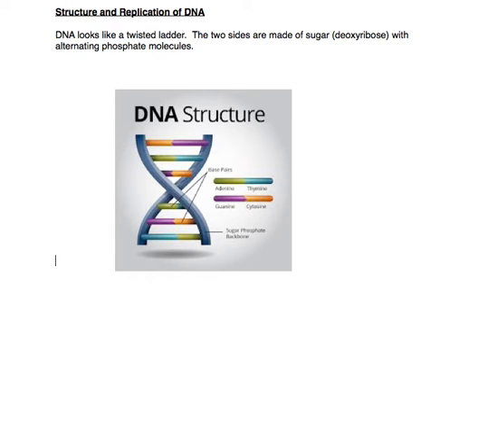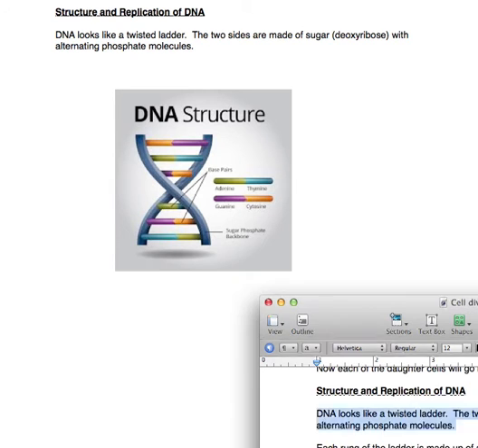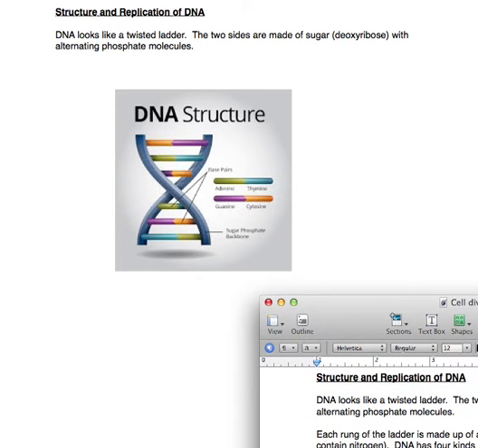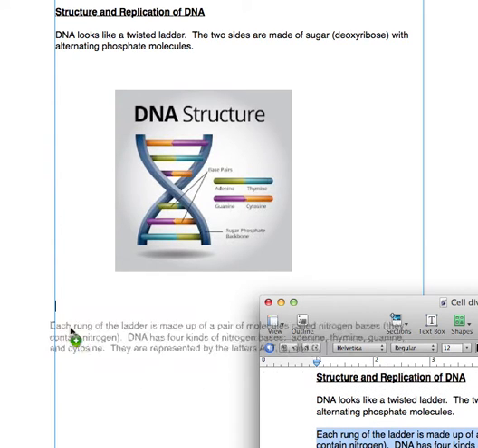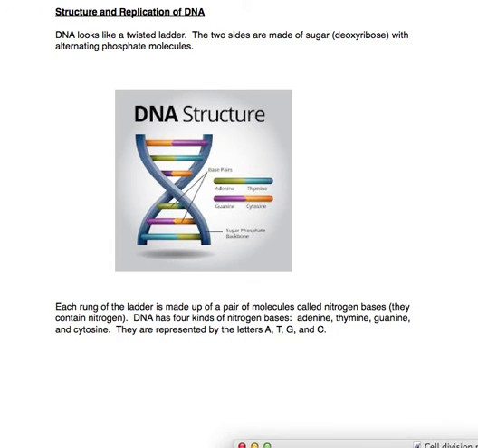The sugar is called deoxyribose. DNA stands for deoxyribonucleic acid. Okay, so you have the sides of the ladder. The sides are made up of the sugar and phosphate molecules, and then each rung of the ladder is made up of a pair of molecules. You can see they're two different colors on either side. And these are called nitrogen bases, remember?